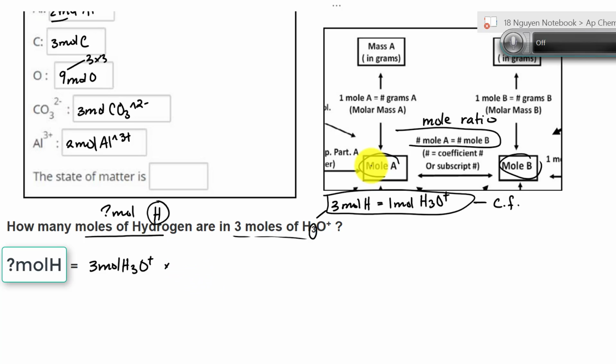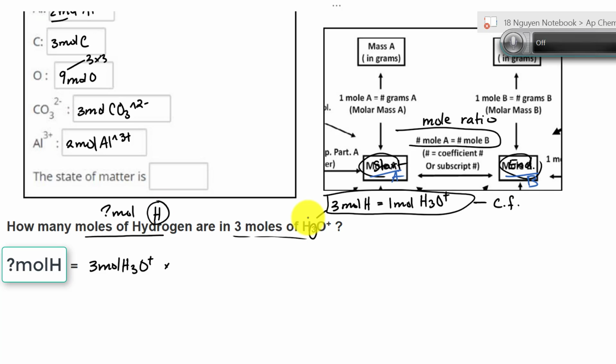So for mole A, this is where we're going to start, and we are going to end in mole B. Notice how we use the letter B now. Notice how we changed from mole A to B. Why do we use letters A and B now? Because now the substance has changed from one substance to another substance.